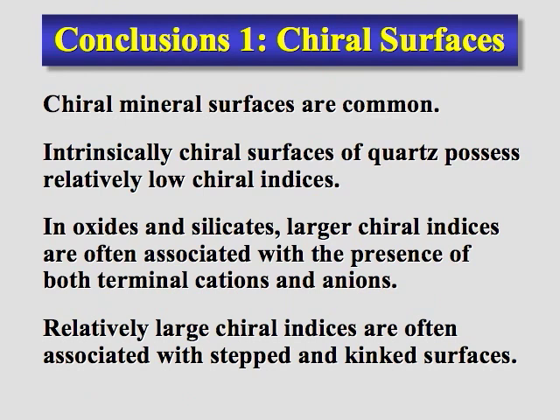In fact, the majority of surfaces, unless you have a crystal growth face that happens to have a mirror symmetry running right down to it, the majority of growth surfaces and the majority of fracture surfaces are going to be chiral. So if you have a porous rock, you're talking about huge areas of chiral surfaces on which you can do absorption experiments. This is a really significant part of the natural environment.